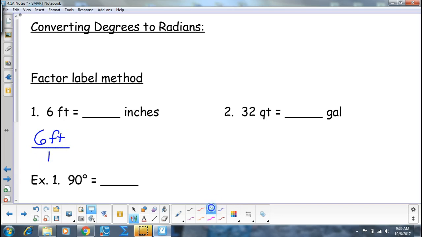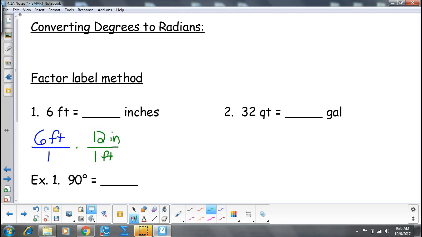I want to get rid of feet, so 1 foot is how many inches? 12 inches.